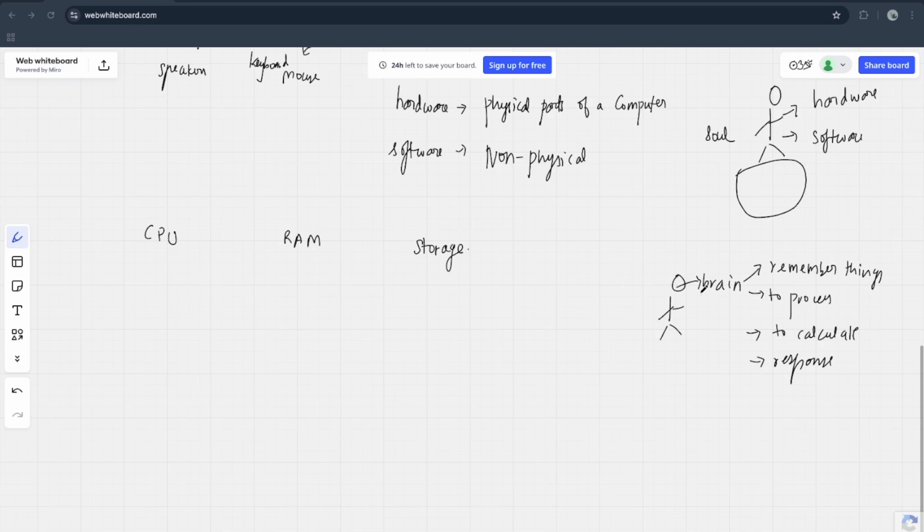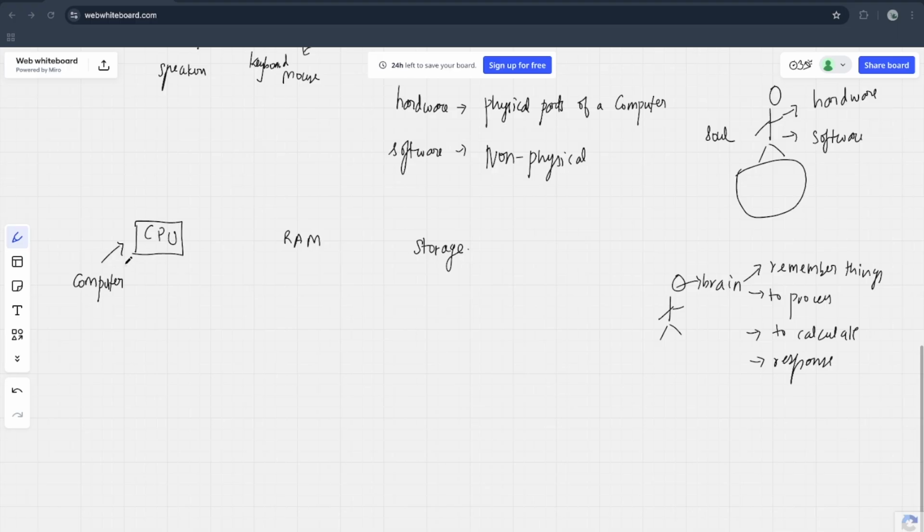We get the things that we need to do in our day-to-day life. We just list them out and then we do everything, right? That is the purpose of the human brain. Now when it comes to the CPU, that is the central processing unit. It is the brain of a computer. So the computer even has a brain, and that is the CPU. The faster the CPU is, the faster and more efficient every process will be.